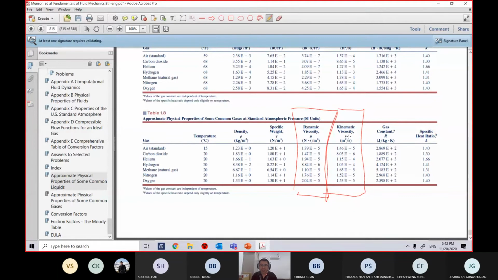Yeah. There's a conversion from this one to this one. Kinematic and dynamic. There's an equation to convert this one to this one, or this one to this one. Yeah. So kinematic usually is you have a movement, a very fast movement, then you'll use kinematic viscosity.